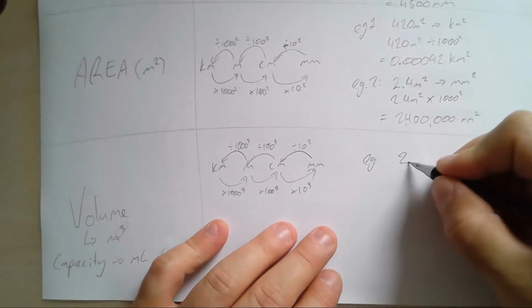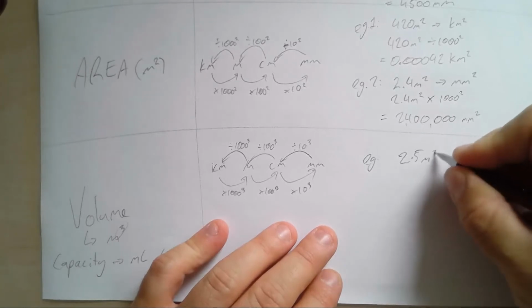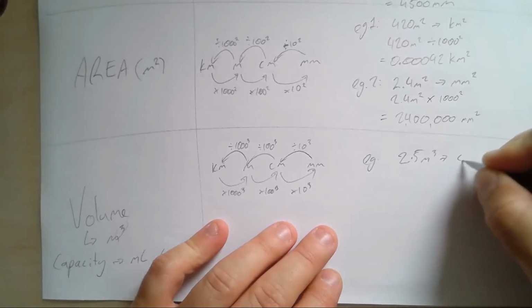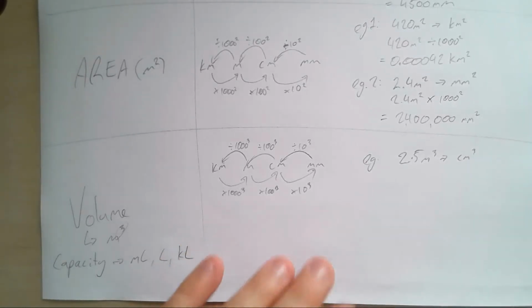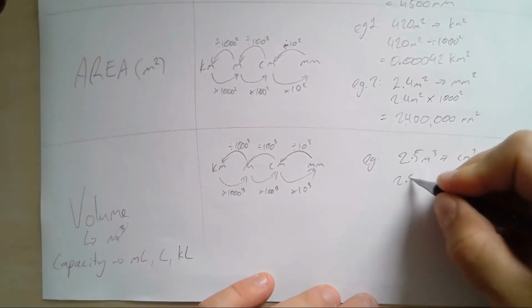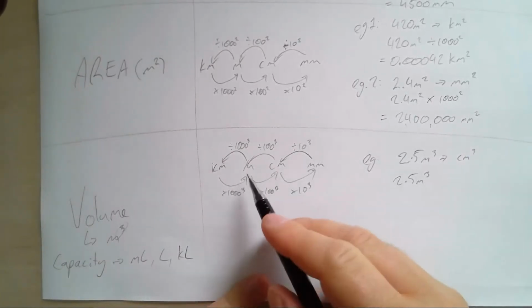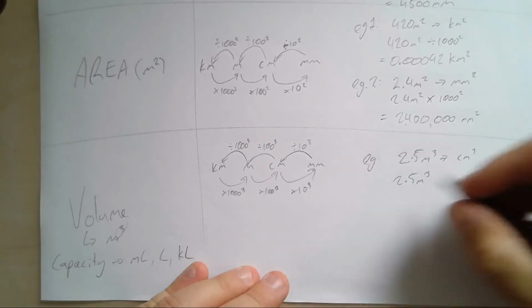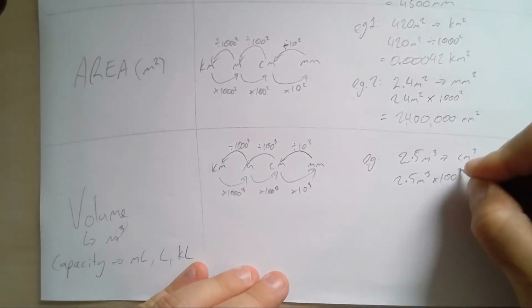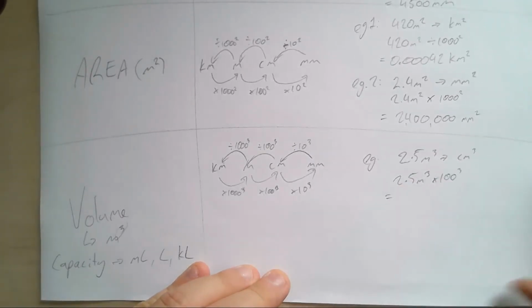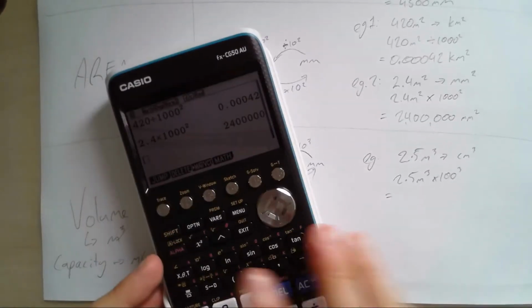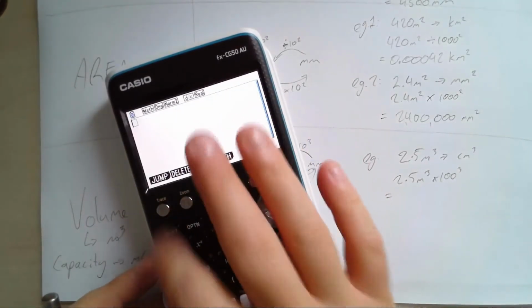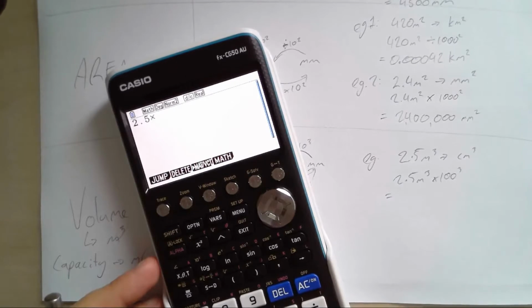Let's do 2.5 cubic meters to cubic centimeters. Okay, it's the same thing, 2.5 cubic meters. I'm going meters to centimeters, so it's going to be times by 100 cubed. 2.5 times 100, and now cubed.